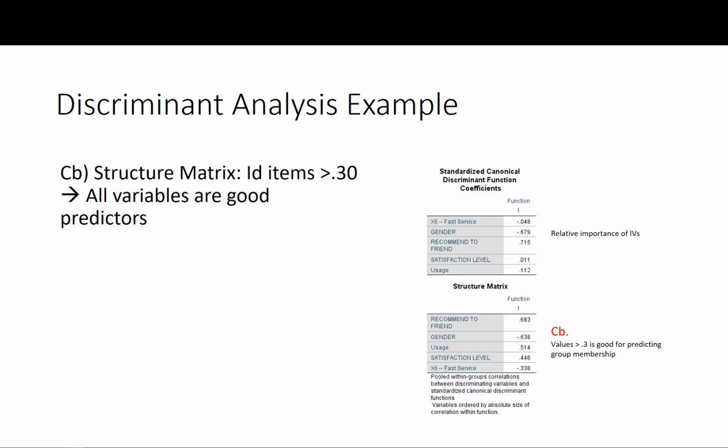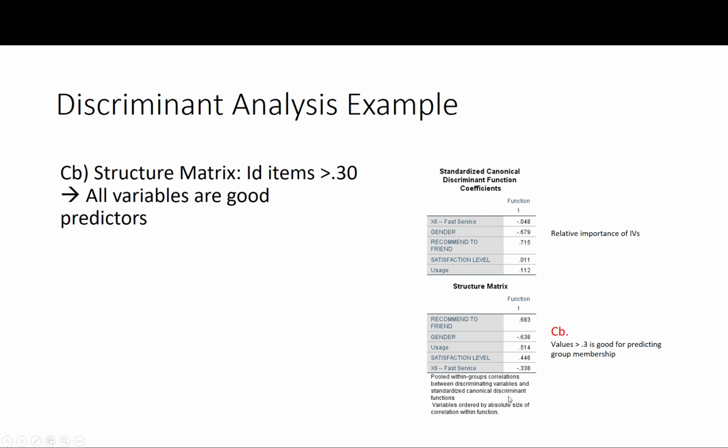We then go on to the second part of this analysis and look at the structure matrix, where any variable that scores above 0.3 in absolute value is a good predictor of cluster membership.